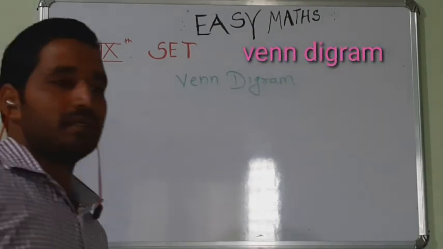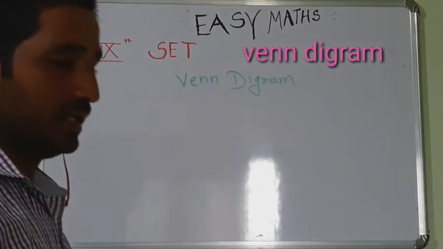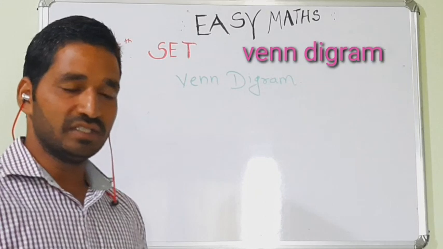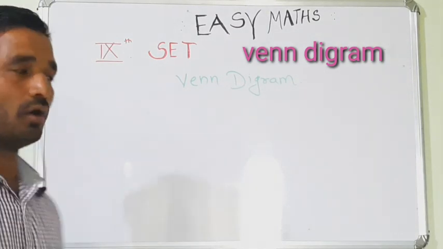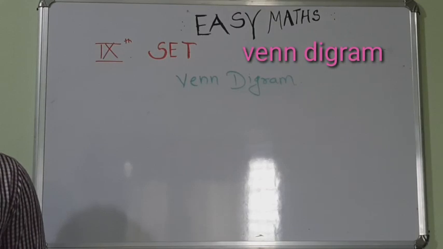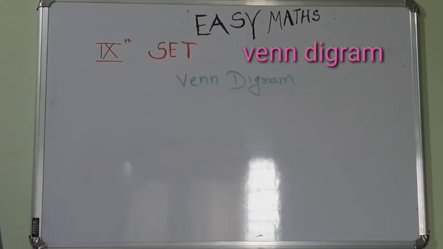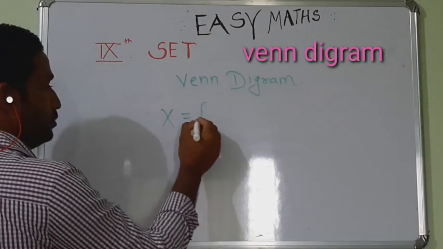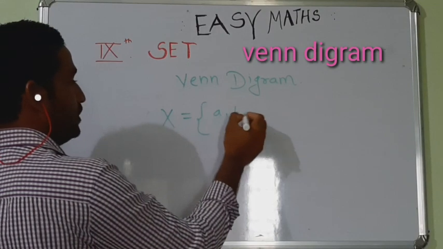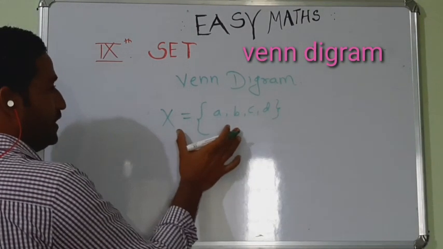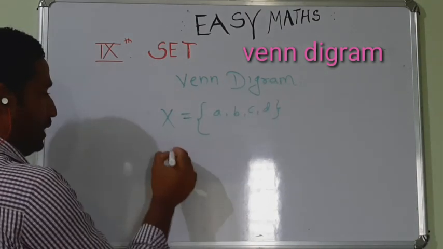We know that ideas and concepts are better understood with the help of diagrams. Here we have a set X equal to {a, b, c, d}, and this set can be written by using a Venn diagram.